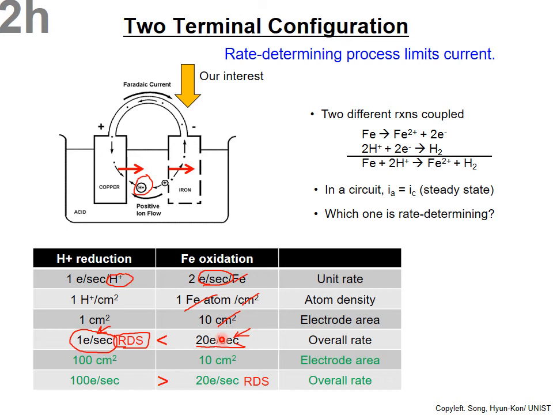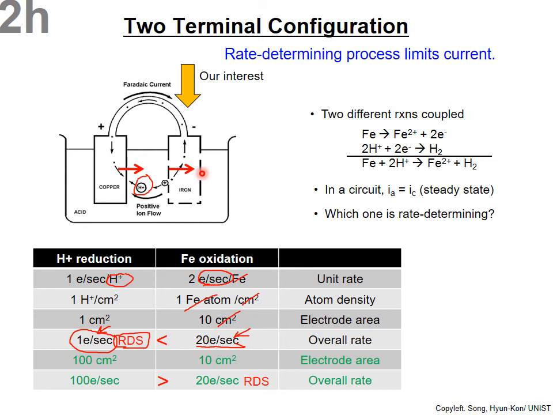Okay. But unfortunately, I want to measure the kinetics of iron oxidation instead of proton reduction. But the overall kinetics just follows the rate of proton reduction. So you cannot study the kinetics of iron oxidation.